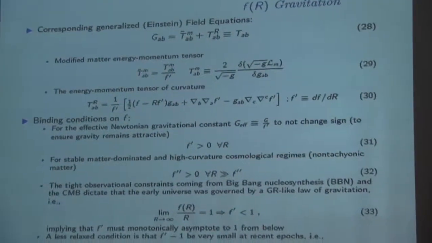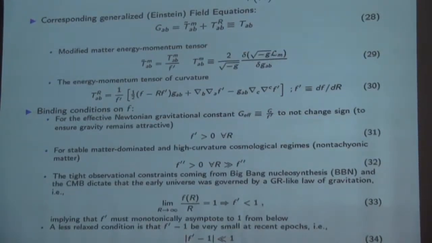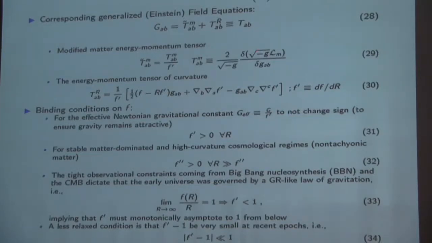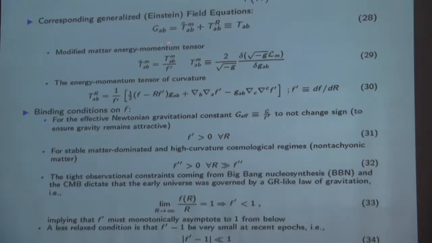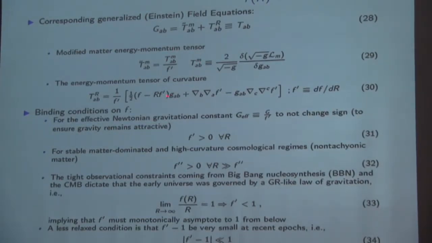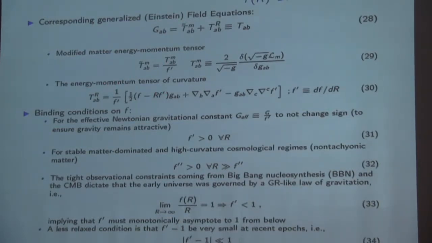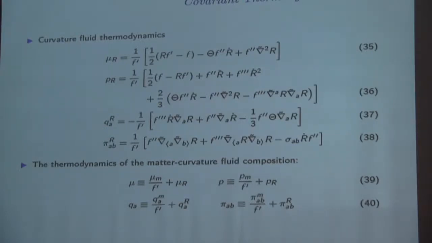So in the same way that I said from the action one can come up with the Einstein field equations for general relativity, one can do the same for f(R) theories, and it's usually written in this more compact form where the matter and curvature energy momentum tensors are defined in this way respectively. And there are some boundary conditions that have been mentioned over the course of the conference about the nature of those models of f(R), which I do not need to bore you mentioning again.